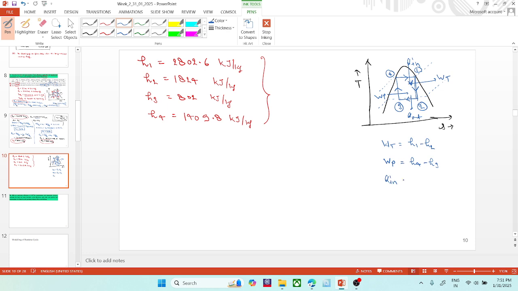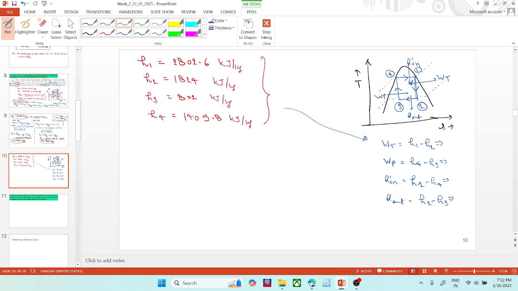Heat supplied would be H1 minus H4, and heat rejected would be H2 minus H3. Let me put the values next to these also. I'm just taking the values from here.